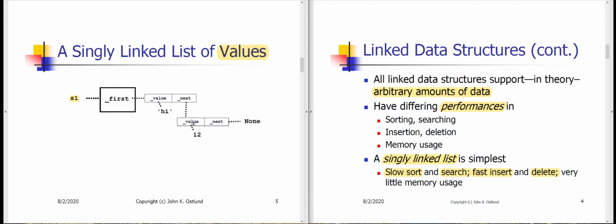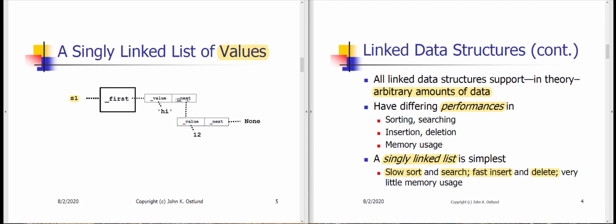In this particular example, though, on slide 5, _first is referring to a singly linked list node containing two data attributes. The first data attribute is called _value, and for this first node, the _value refers to the str object, the string object "hi".